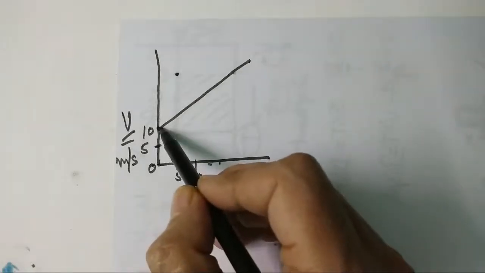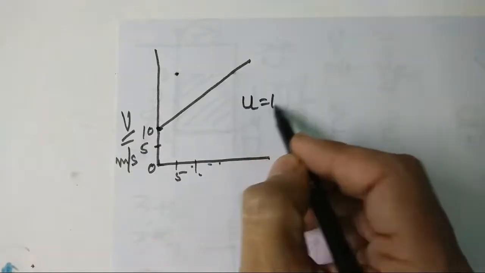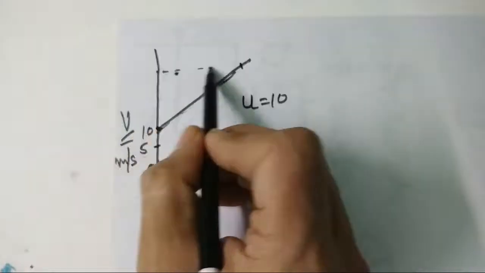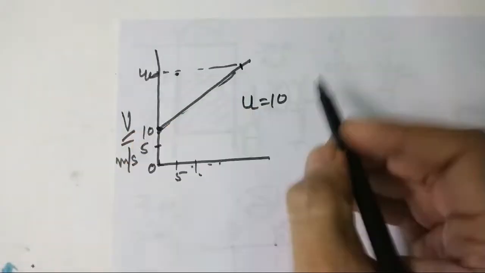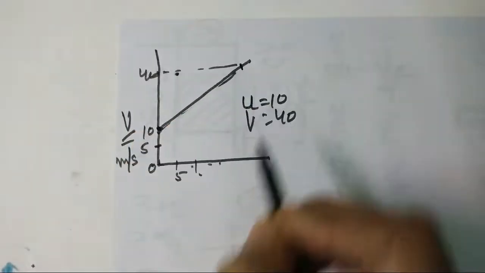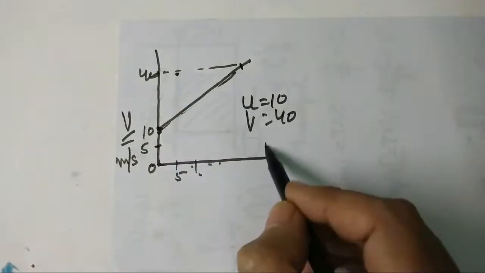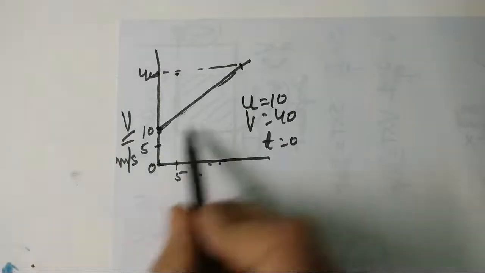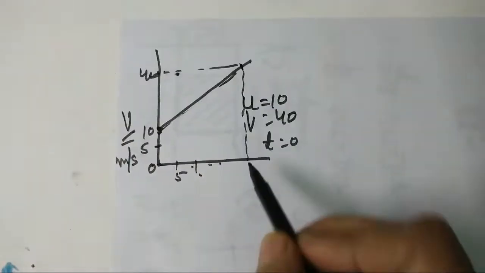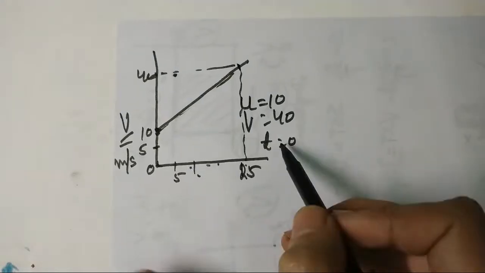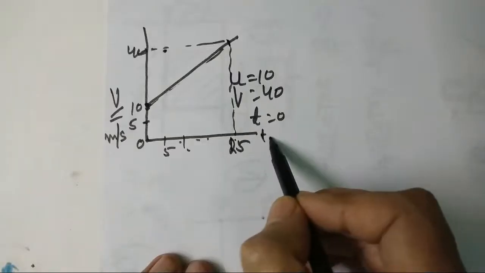So since the velocity is 10 initially, u will be 10, and here the velocity, suppose it is 40, so v is 40. At this point the time is 0, and here the time, suppose it is coming 25. So final t is equal to 25.